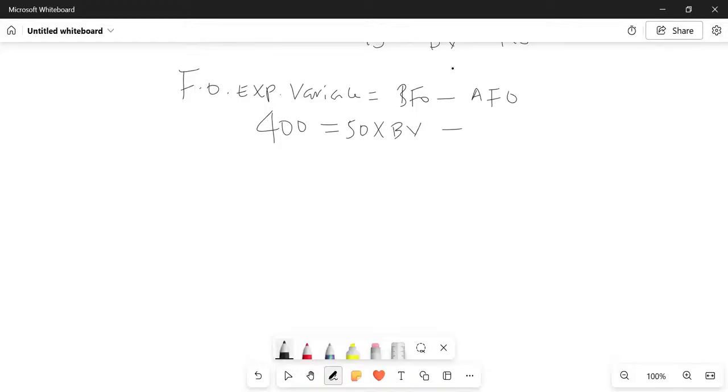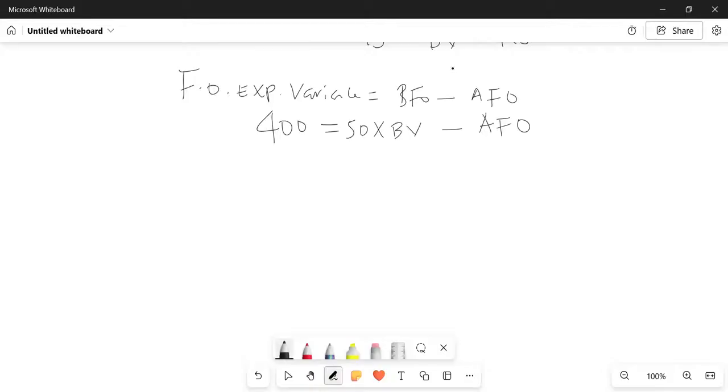Hata utafute kutoka hapa paka wapi? Haupati hiyo pia actual fixed overhead. Haupati. Because that is what the examiner is asking us to calculate.